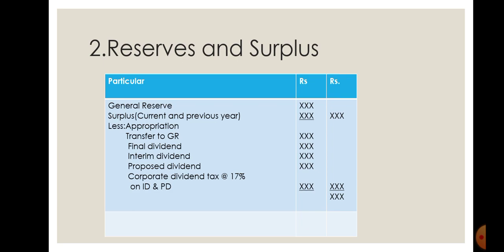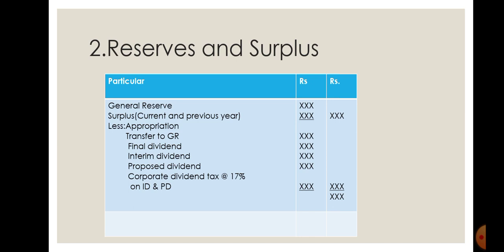Next, reserves and surplus. Under reserves and surplus, we can take current and previous year profit or reserves as well, less appropriations: transfer to general reserve, final dividend, interim dividend, proposed dividend, corporate dividend tax. When calculating corporate dividend tax, if entries like interim and proposed dividend are given in a problem without corporate dividend tax, then we need to calculate corporate dividend tax at a fixed percentage of 17.